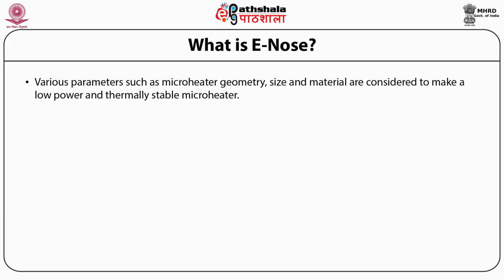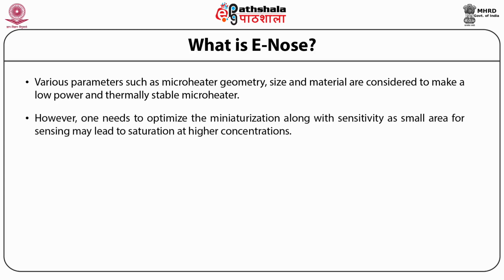Now, various parameters such as microheater geometry, size, and material are considered to make low power and thermally stable microheater. Students, however, one needs to optimize the miniaturization along with sensitivity, as small area for sensing may lead to saturation at higher concentrations.